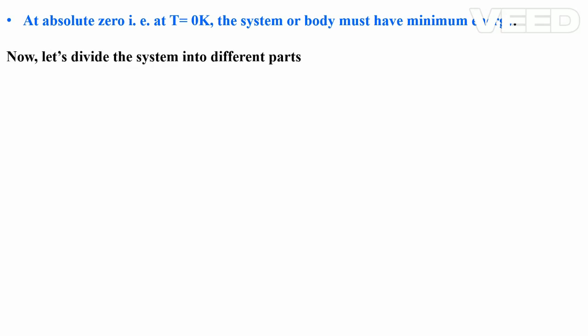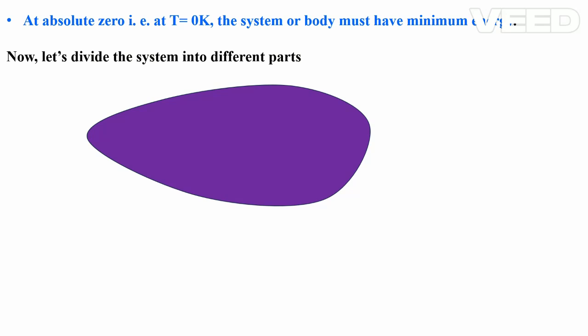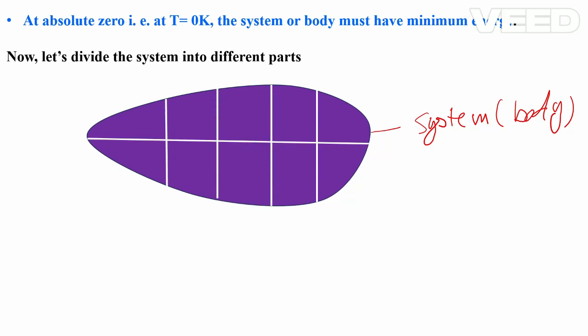Now let's divide the system into different parts. Suppose this is a system or a body, and we divide it into different parts: number 1, number 2, number 3, number 4, and so on.